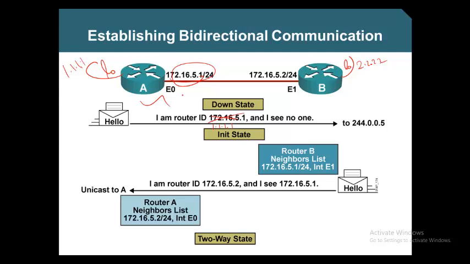Inside the OSPF header, this is what will be shown as the ID of the sender. In short, the ID of a sender and the source address from where the packet is coming need not be the same.